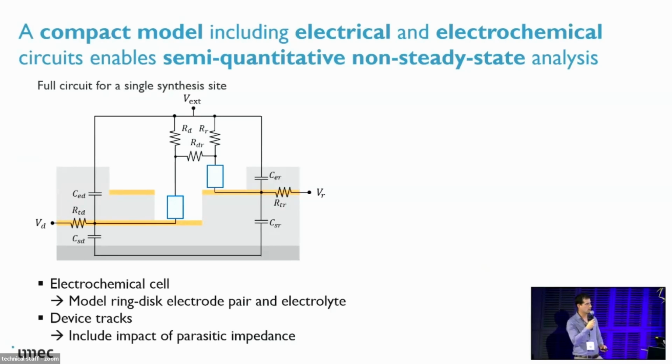In this case, it includes both the electrochemical part, so the electrode interface and the electrolyte, but also all the parasitics of the chip itself. Because especially if you work with dynamic, time-based circuits, this is crucial because every capacitance needs to be charged and discharged, so that needs to be taken into account.